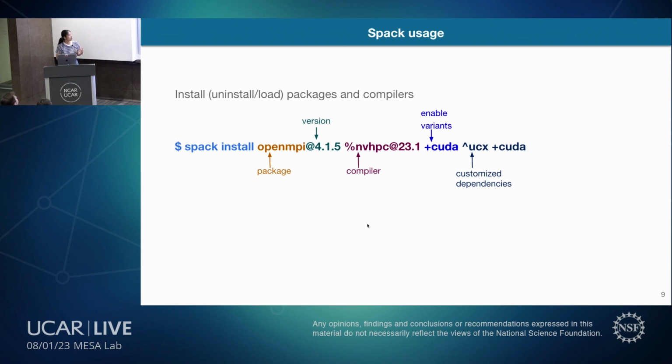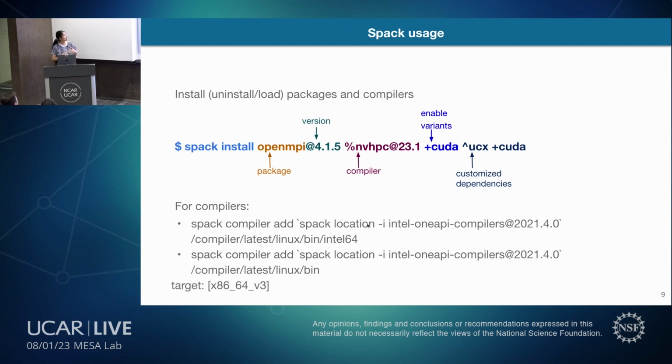Okay, so this command is how Spack installs packages. It is very straightforward: we can set the package name with its version, how we compile it, the compiler version, and also maybe some variants and customized dependencies. If we do not need some packages, we can also unload them like this. And if we need to use some packages from the whole system, then we load the versions of packages that we like.